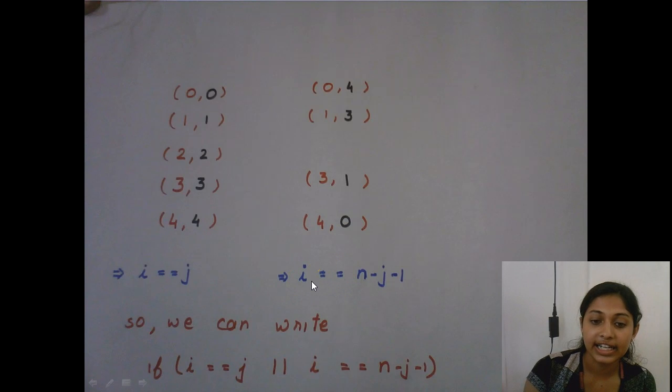So we can write that i is equal to n minus j minus 1. Therefore, in the if condition, we can write that if i is equal to j or i is equal to n minus j minus 1, we have to print 1, or whatever value we are storing in the array.